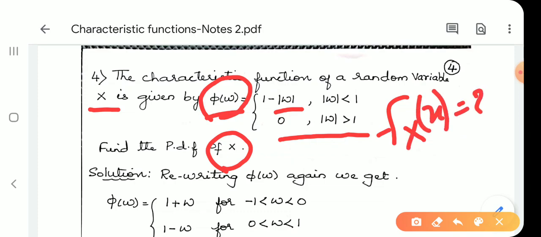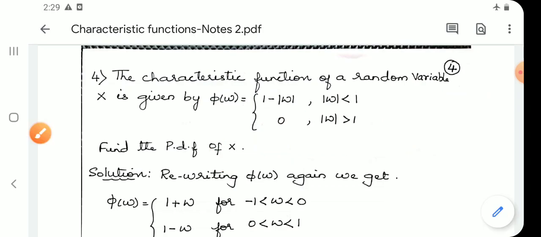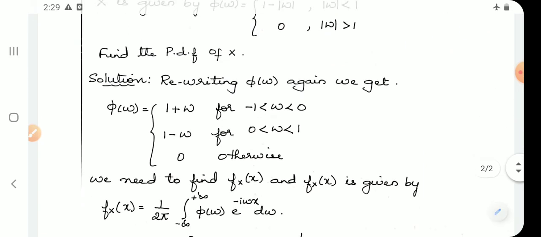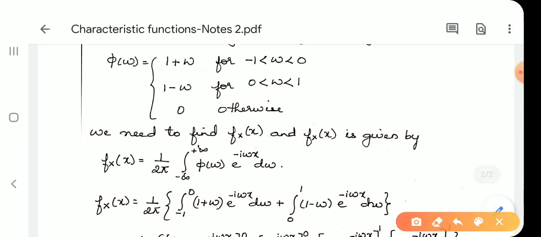In yesterday's video we have already seen the formula to find the PDF, that is fx of x. The formula to find fx of x is fx of x is equal to 1 by 2 pi into integral minus infinity to plus infinity phi of omega into e power minus I omega x into d omega.